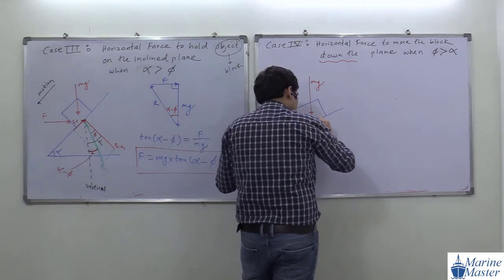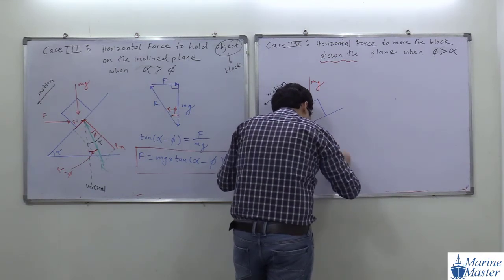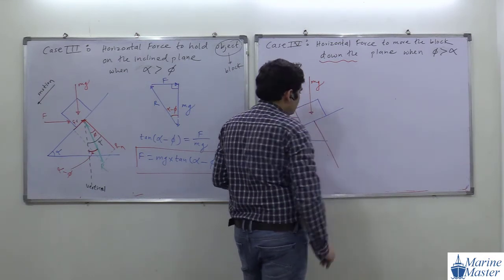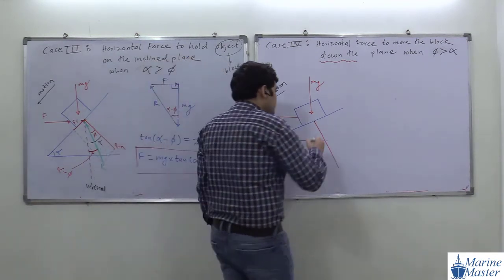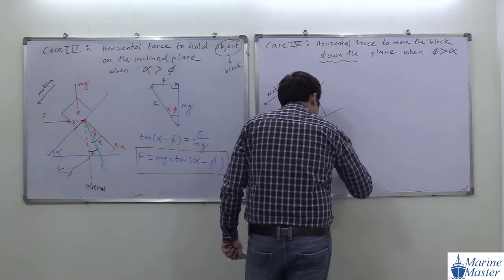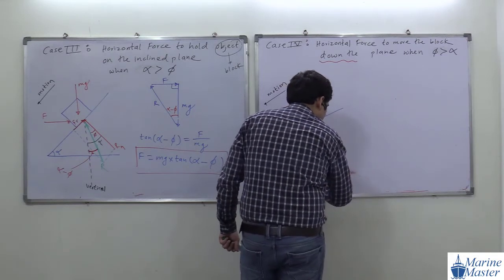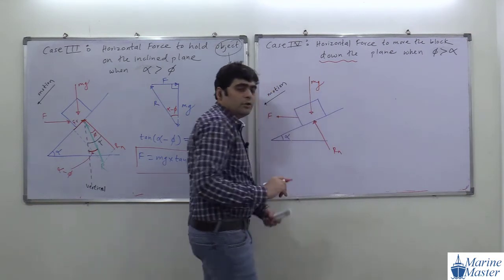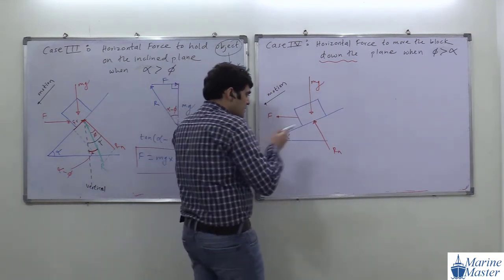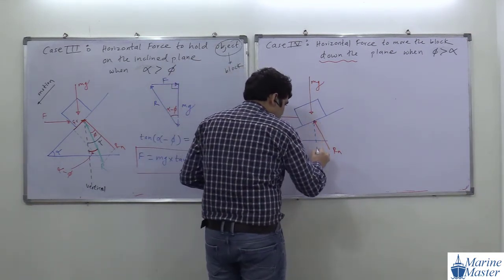Normal reaction is always normal to the plane, perpendicular to the plane. This is Rn.